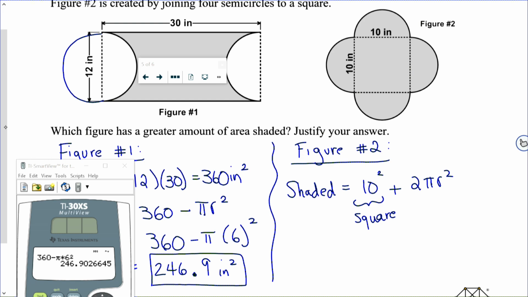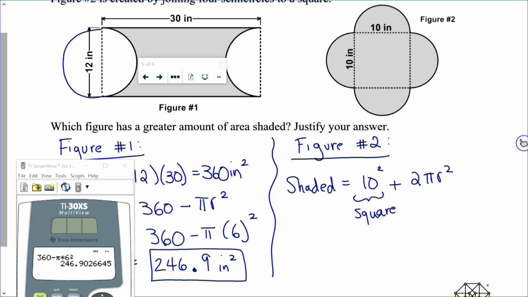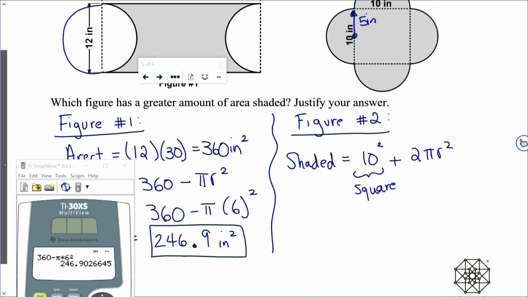All right, let me just bring this up. Well, before I do that, keep in mind that the radius of each one of those half circles, if you will, is 5 inches. All right, so my shaded area now will be 100 plus 2 times pi times 5 squared.